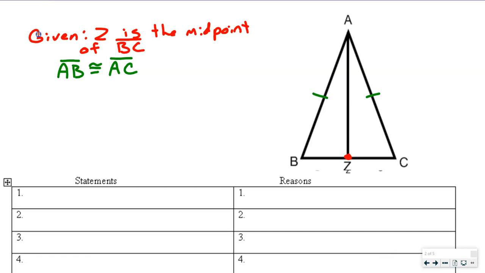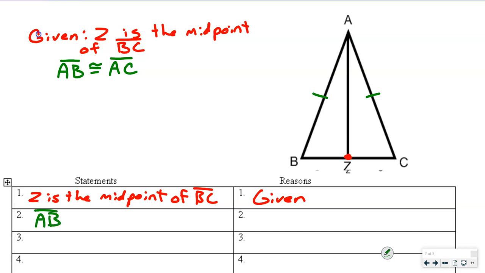So then down on our statements, we can write Z is the midpoint of BC. And we know that's given. And then we were also told AB is equal to AC or congruent to AC. And that was given.